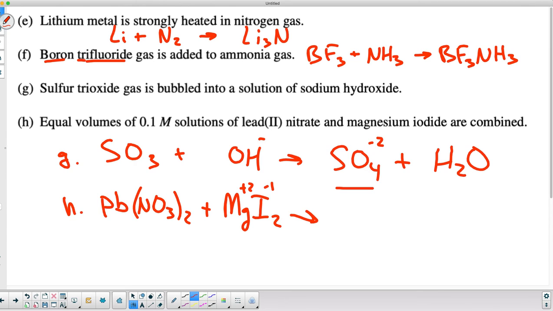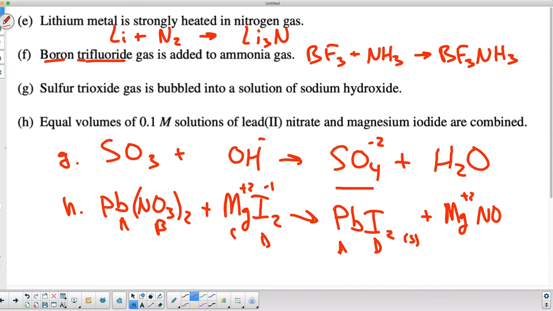And then on this side here, I got A, B, C, and D. So one of these is going to have to give off a solid or a gas, and it looks like my A and D there form a solid, plus, and then what we have left over is magnesium with a +2 and nitrate with a -1, so that gets a 2 here like that.